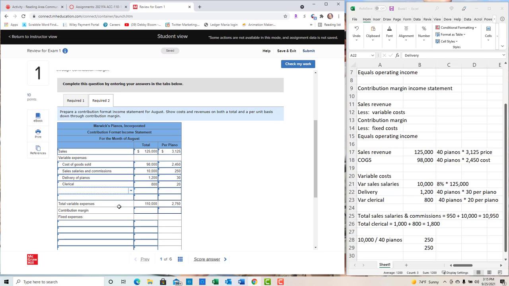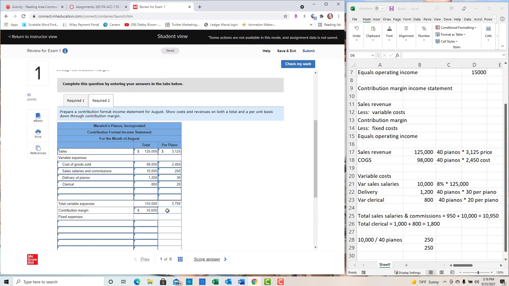Now we've got our total variable expenses. So now we can calculate our contribution margin. So on a total basis, our contribution margin is $125,000 minus $110,000, which of course is $15,000.